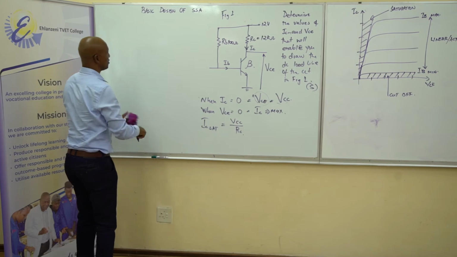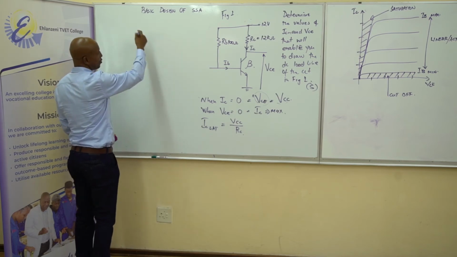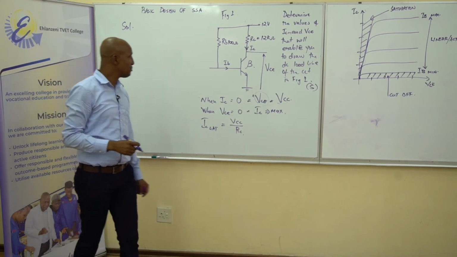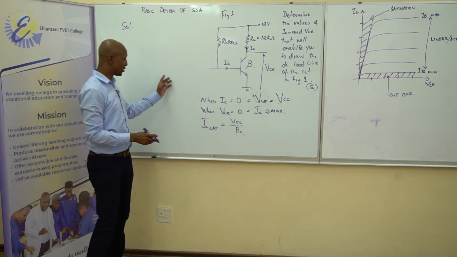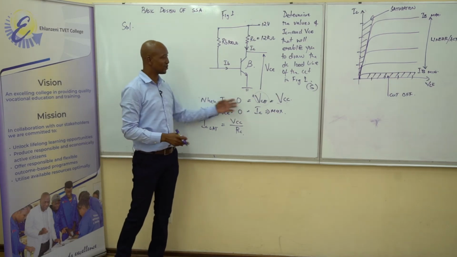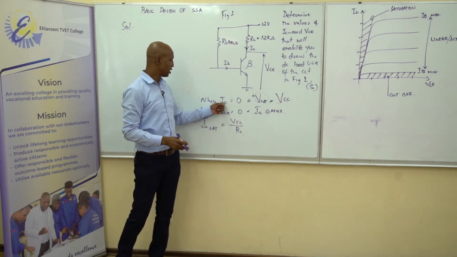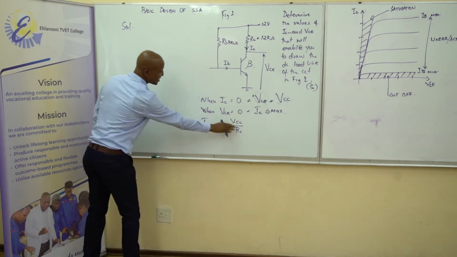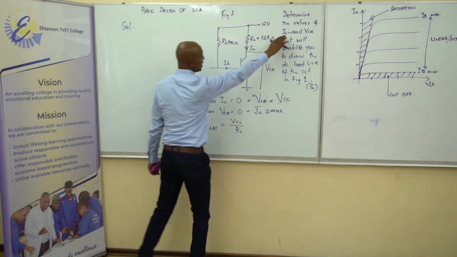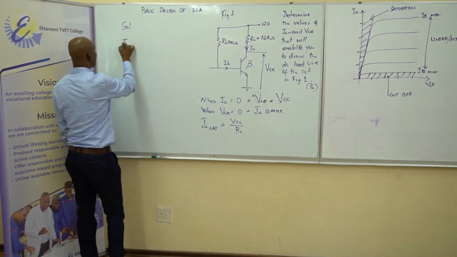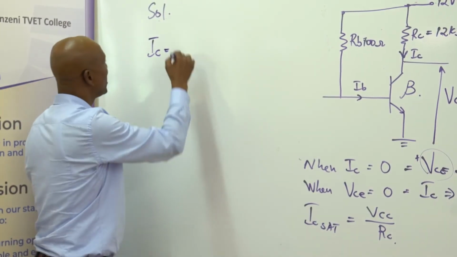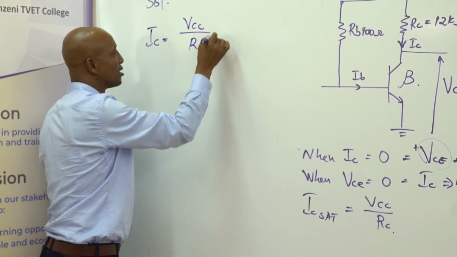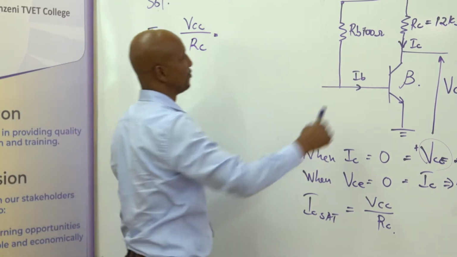The solution is simple. Now, let's write solution. So remember, for us to draw the DC load line, we need to go back into this. Let's look at the output. For us to find I saturation, IC, let's start with IC. We have said that IC can be given by a value which is equal to VCC over RC. What is the value of our VCC?